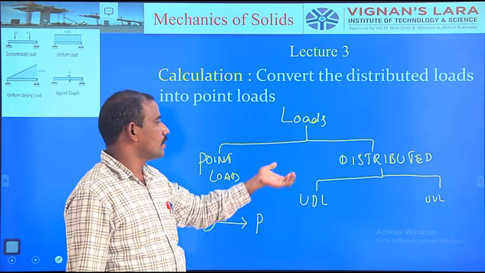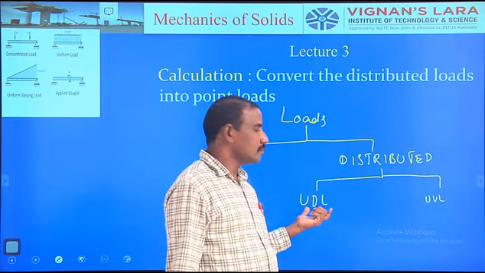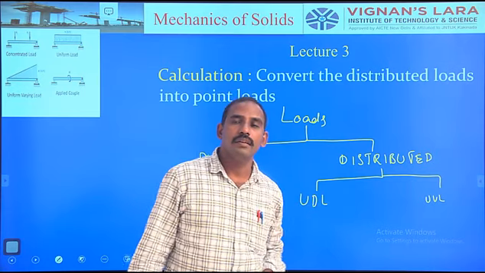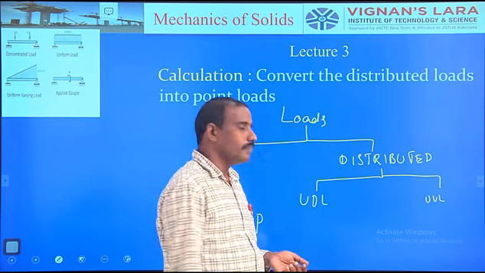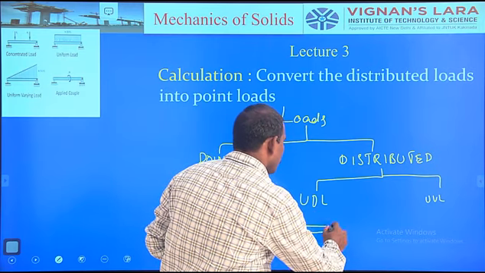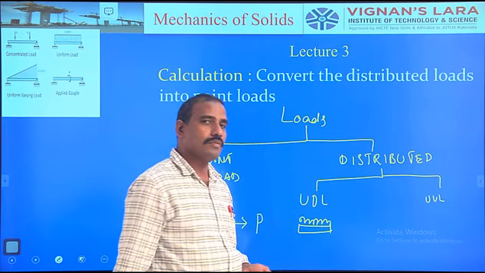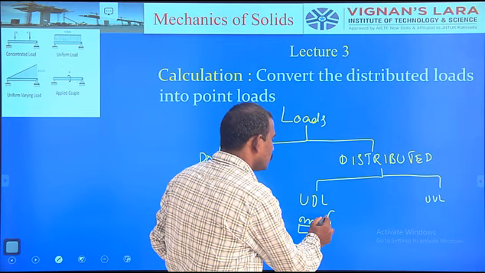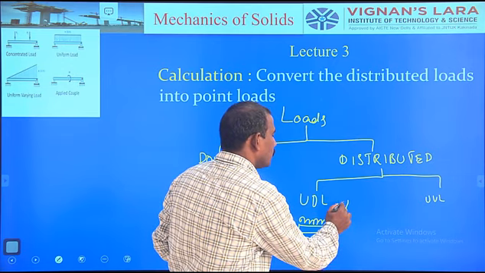As we know, the distributed loads are distributed over a span uniformly, or linearly varying over a span. They are graphically represented as follows. So this is a beam. The uniformly distributed load may be represented at the rate of W Newton per meter.